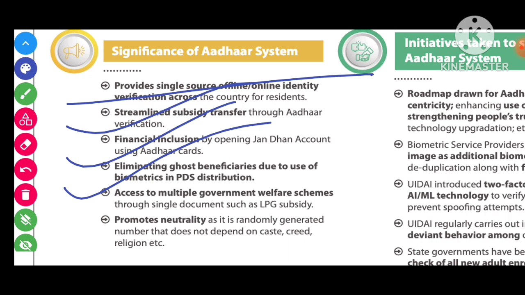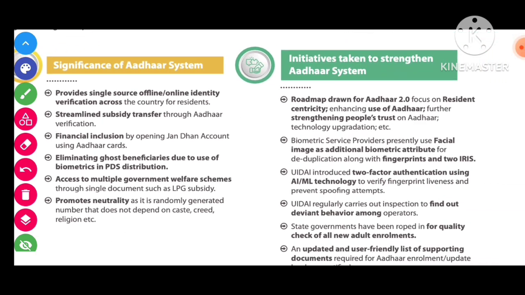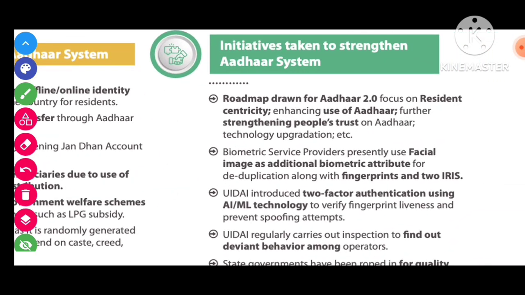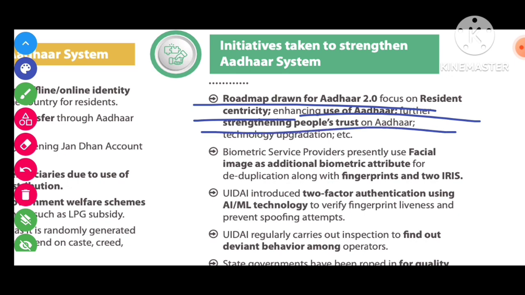Okay, and access to multiple government welfare schemes promotes neutrality. So you can remember, and these are the initiatives taken to strengthen the Aadhaar system, such as roadmap drawn for Aadhaar 2.0, which focuses on resident centricity, enhancing use of Aadhaar, further strengthening people's trust on Aadhaar, technology upgradation.